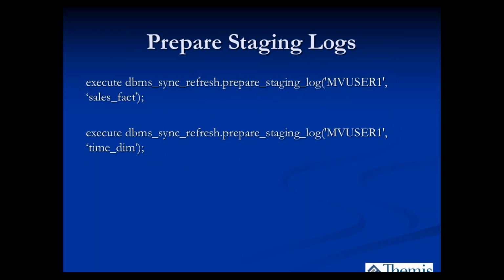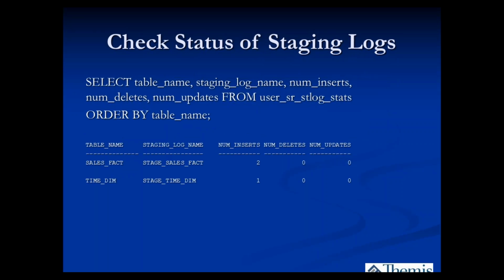Now, once we prepare the staging logs related to the tables, this would be an optional step at this point, but we can go out against another data dictionary view, user synchronous refresh statistics log stats, and it'll tell us some information. Here are the statistics that we just gathered with the prepare of the staging logs.